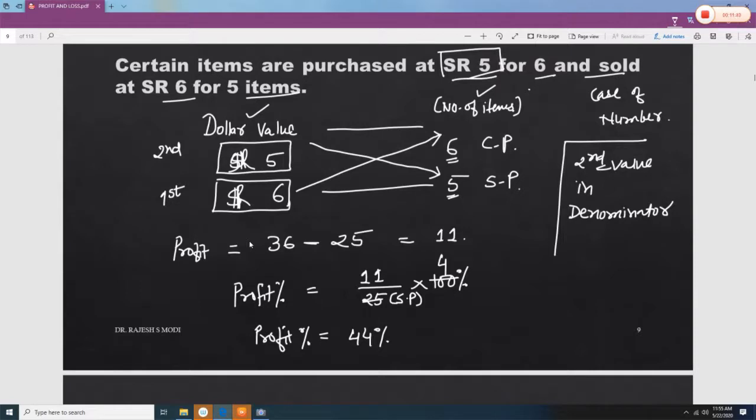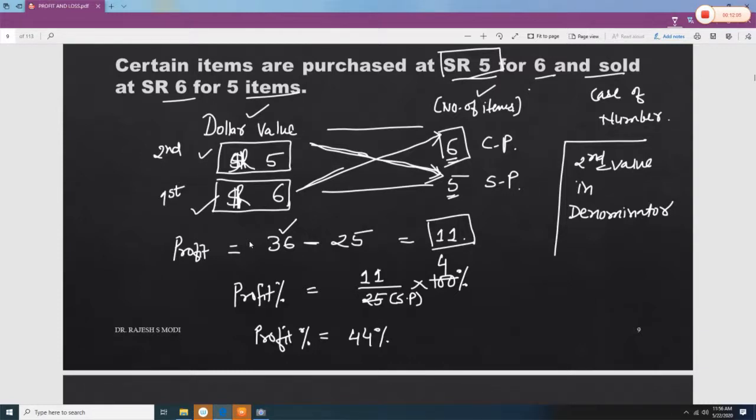Now how are you going to deal with this kind of example? First you have to take this figure and cross multiply with this figure. So 6 into 6 is 36. Then you have to take this figure and multiply with this figure, that is 25. The difference is the profit.